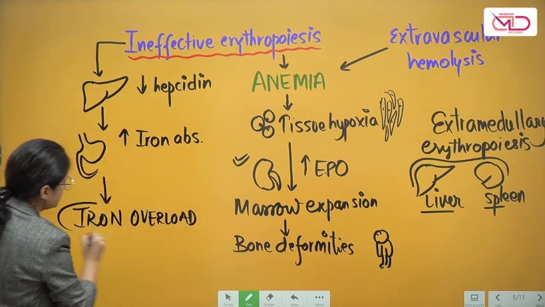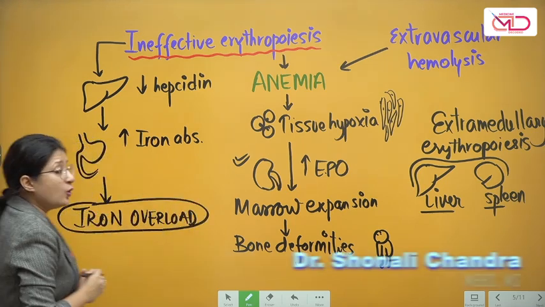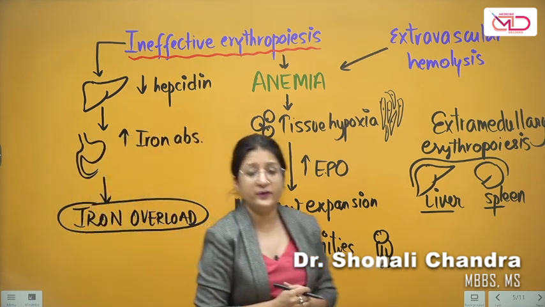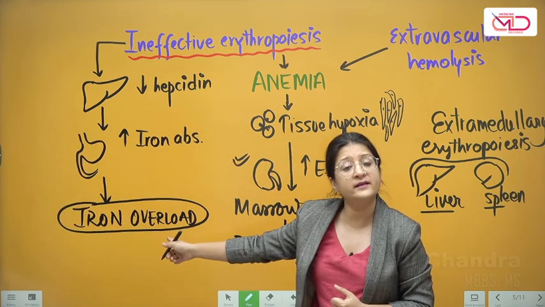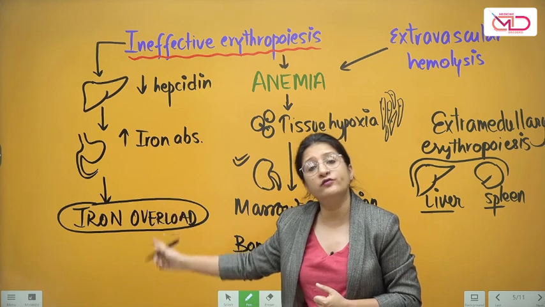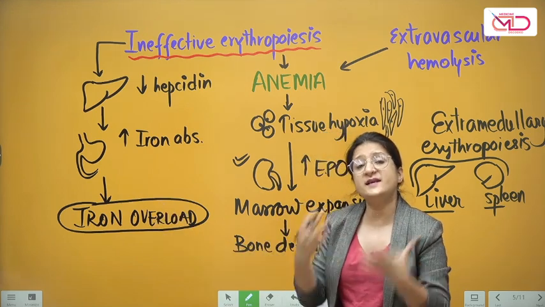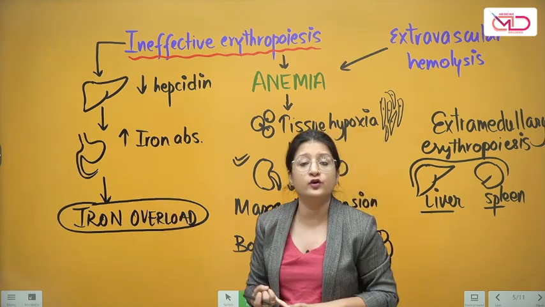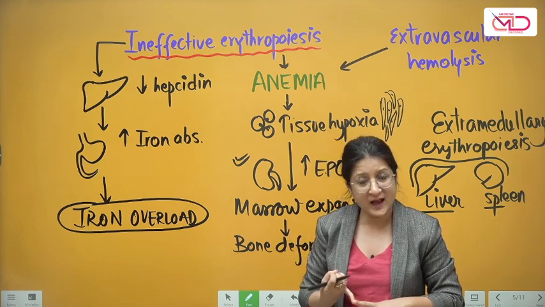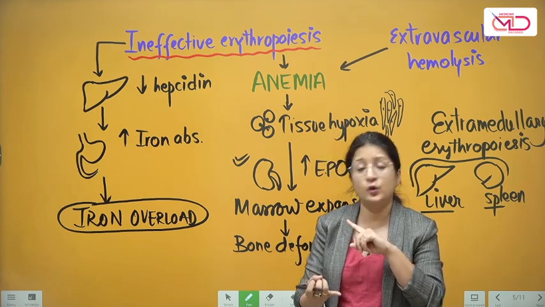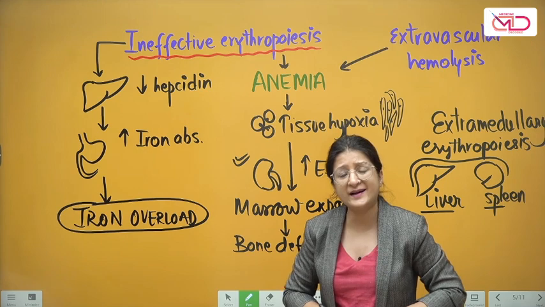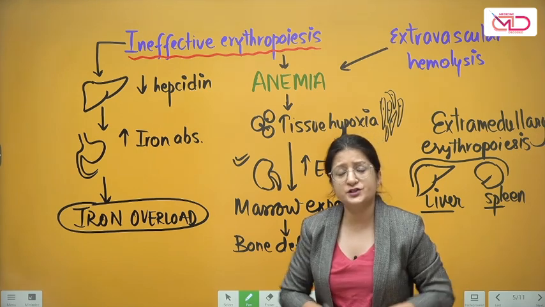Very, very important point to note. So they don't have deficiency of iron, mind you. They have excess of iron in their stores. They have iron overload. It can become severe to the extent of iron overload in the reticuloendothelial system, iron overload in the spleen, in the liver, in the pancreas, in the tissues of the heart.